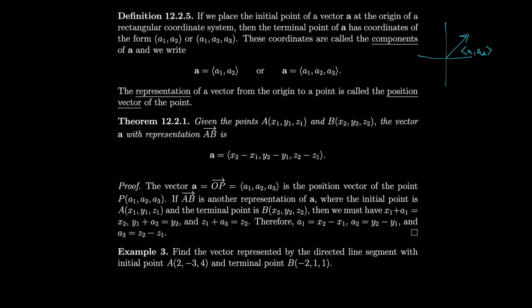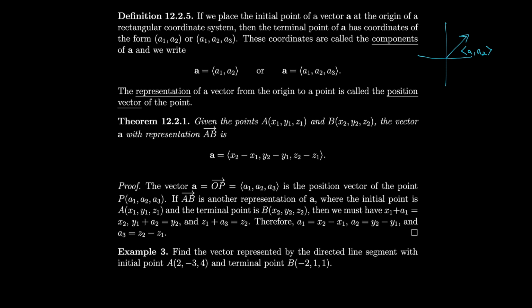Then we can also say that if we have some point in space floating around, then we can draw a vector, manufacture it ourselves, that ends in that point, and that's called the position vector associated with that point.